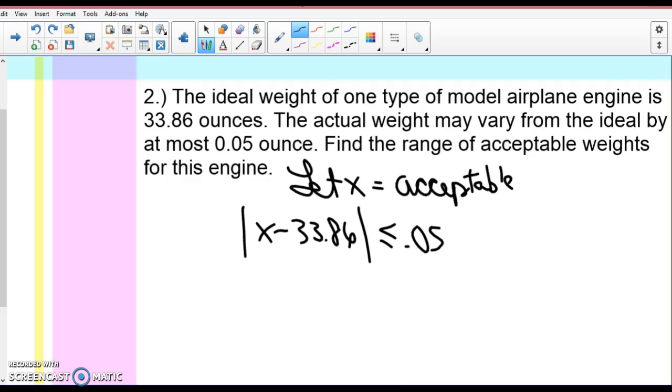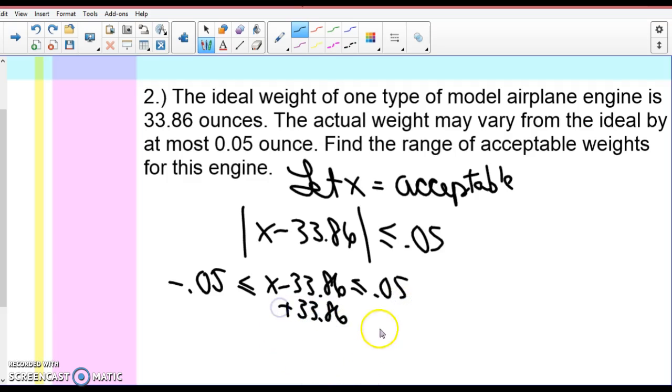I'm going to rewrite that. It's an and, and I'm going to add 33.86 to all three places. So, stop.